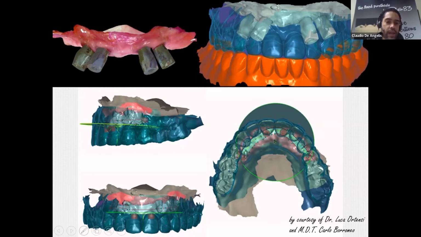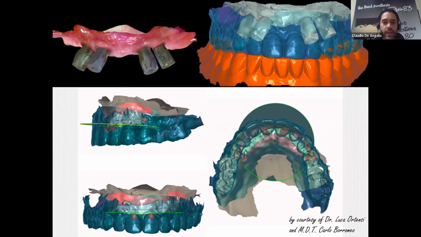You can see here how the bar is in compliance with the occlusal plane. They are parallel, basically. The plane of the bar and the plane of the occlusal are parallel between them.